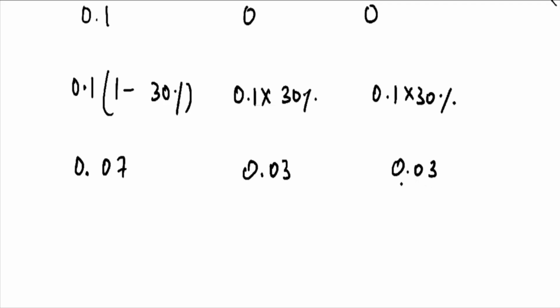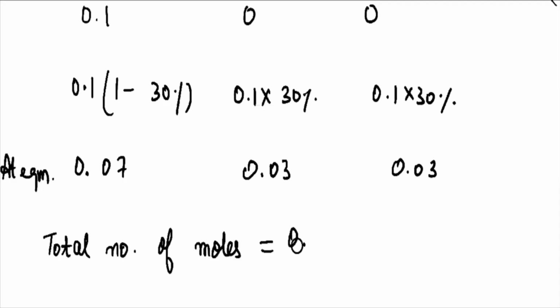So this is the number of moles at equilibrium. The total number of moles will be 0.03 plus 0.03, which is equal to 0.06. We do not consider the number of moles of NH4SH here because we need to calculate the equilibrium constant in terms of pressure, and solids do not have any pressure.